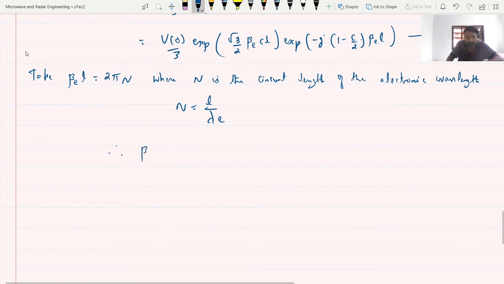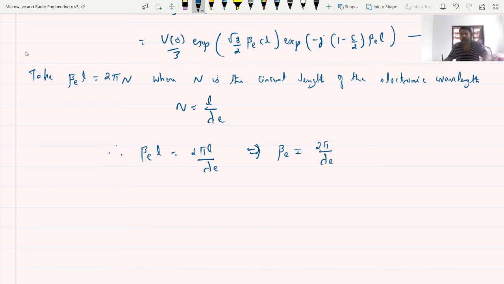Therefore beta into L is nothing but 2 pi L by lambda e, which implies beta is nothing but 2 pi by lambda e.